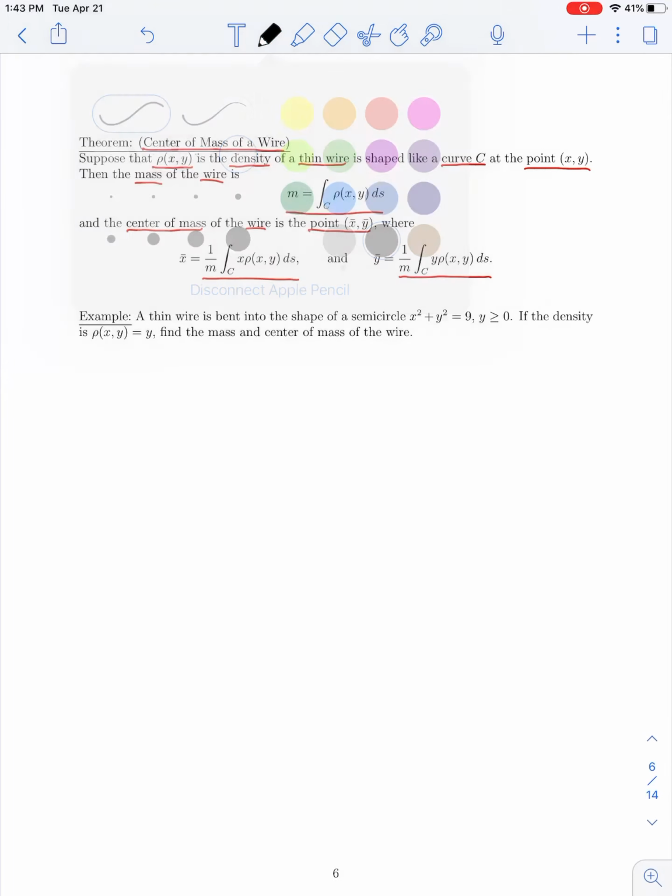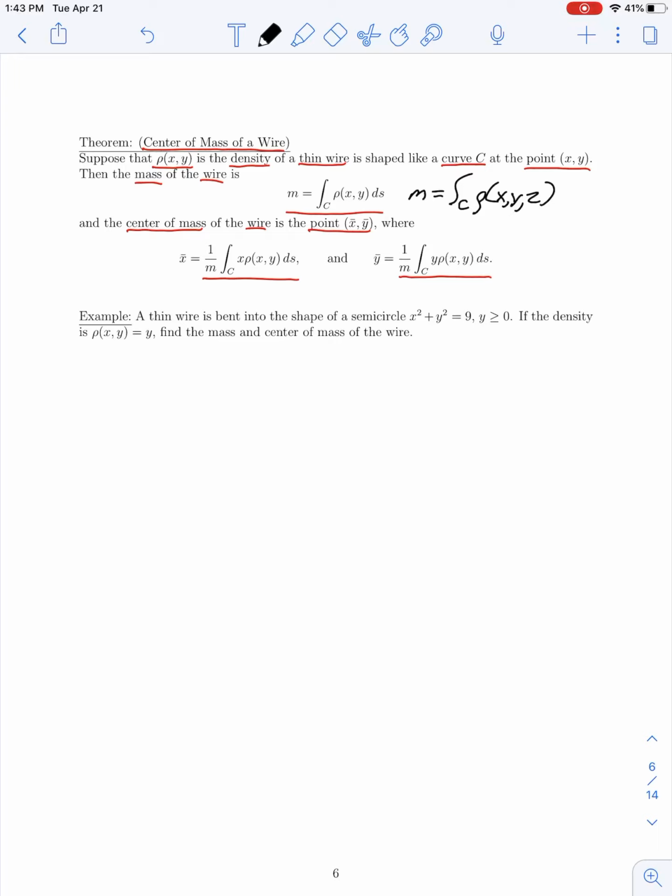So if we had a wire in 3 dimensions given by a space curve, its total mass would be found by integrating the density function in space, that is the density function of our wire at a point x, y, z over the curve C. And then our center of mass would be a point in space where x bar and y bar are the same, but our third component, z bar, would be given by 1 over the mass times the line integral of z times our density function with respect to arc length over our curve.